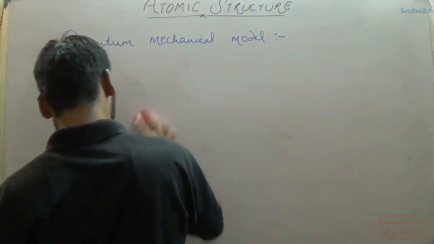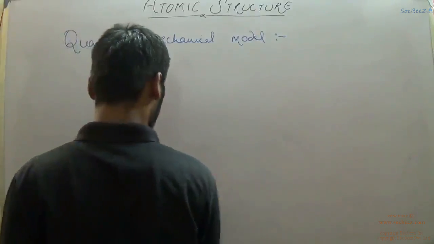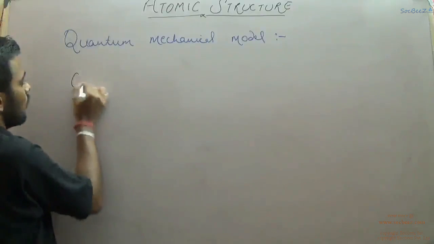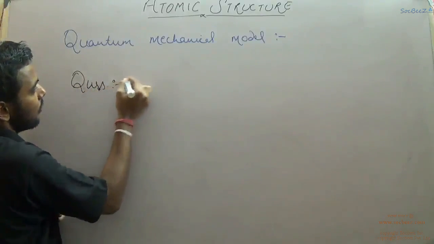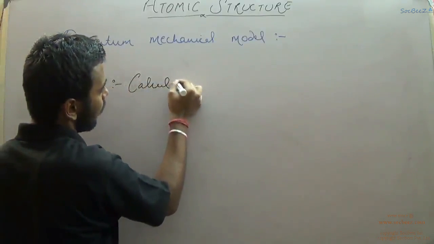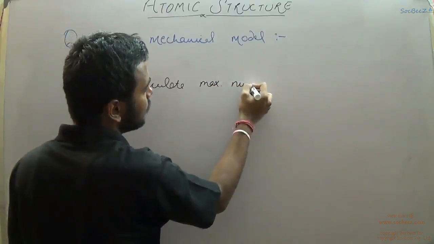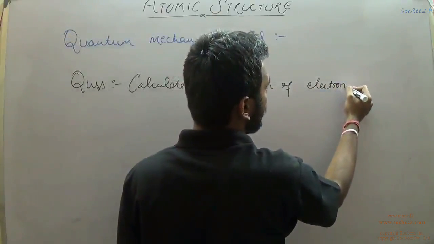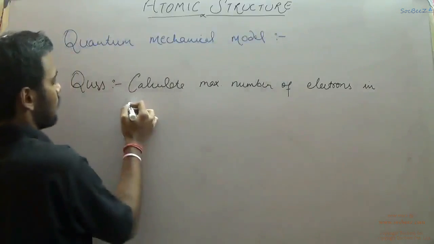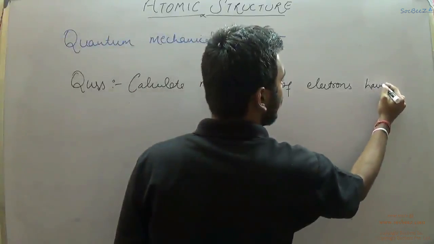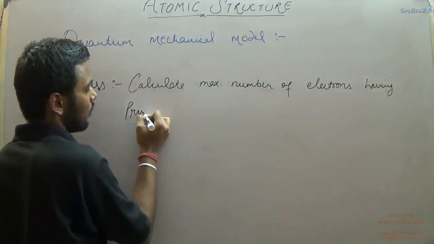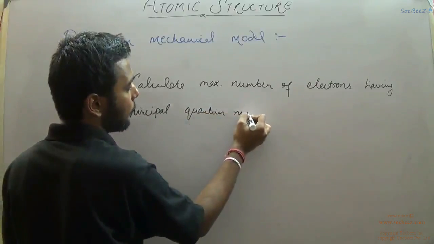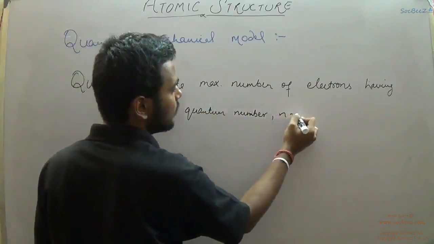Suppose the question says: calculate the maximum number of electrons having principal quantum number n equals 3.